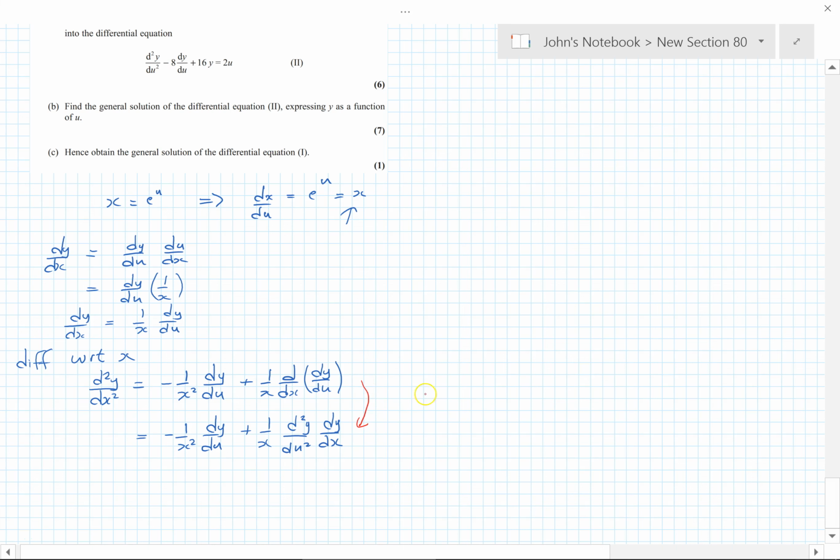What d by dx of dy by du is equal to, if we change the variable that we're differentiating with respect to, is d by du, but then we have to have a du by dx there to compensate, which actually shows you that I was wrong. Just as well I checked. It should be du by dx there.